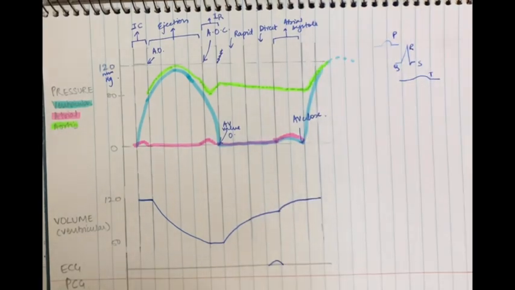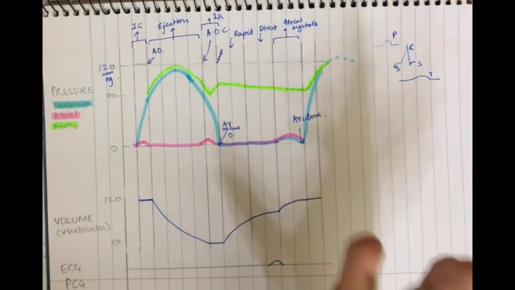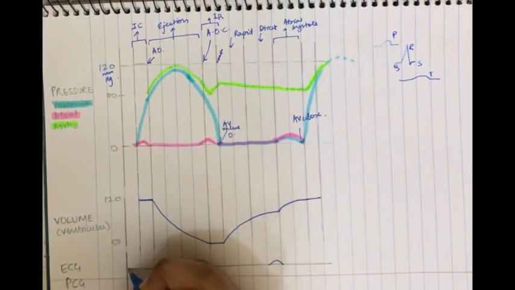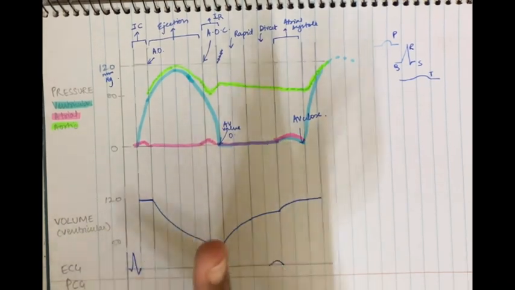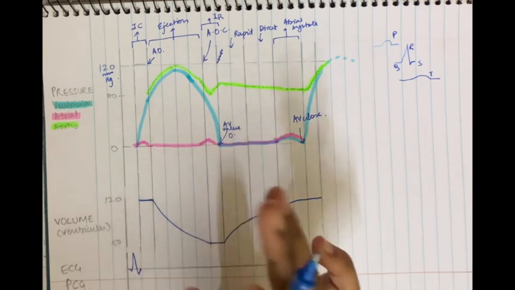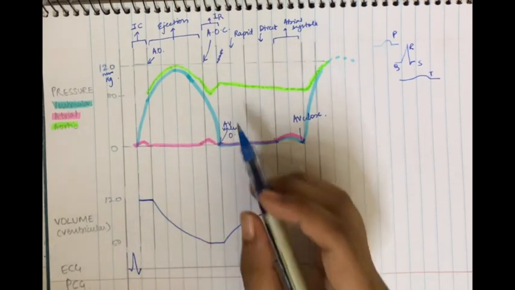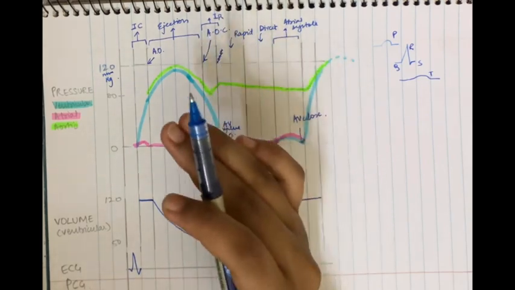Now, the QRS complex is before ventricular contraction, that is here. So, the QRS complex needs to be here. And then you have the T wave. The T wave is before ventricular relaxation.